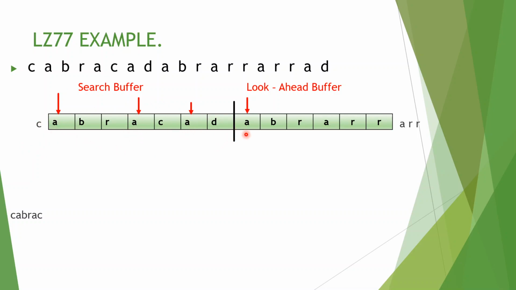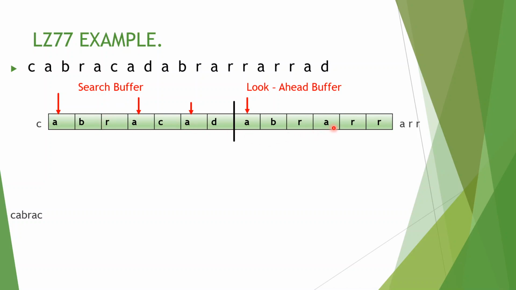Now we have to check whether after A the symbol B is there. So check here, after A is the symbol B there or not? No. Here, after A is the symbol B there or not? No. Here, after A the symbol B is matched. So after A and B, the next symbol is R. So R is matched with this R of the search buffer, yes.